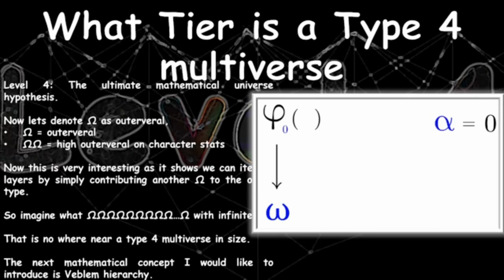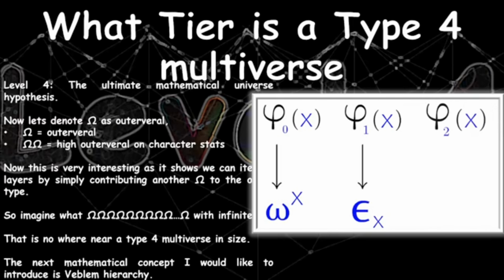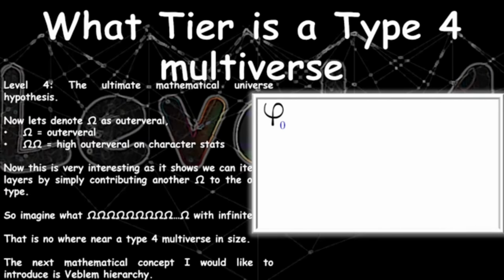Open close parenthesis. Let's just have an x. This is the index of omega. When alpha is equal to 1, that's phi 1 of x. This is equal to epsilon sub x. Then phi 2 of x is equal to zeta x. To recap all of this, phi 0 is equal to omega.